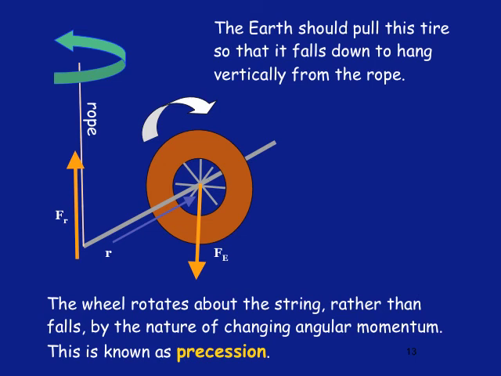So if the wheel is rotating in the direction shown, then R cross F, the vector product of R and F, creates a torque as shown, and a wheel spinning in the manner shown creates an L and omega. So the torque is perpendicular to L. That means the delta L, the changed angular momentum, is perpendicular to L. And so that tells the L the direction to change in.